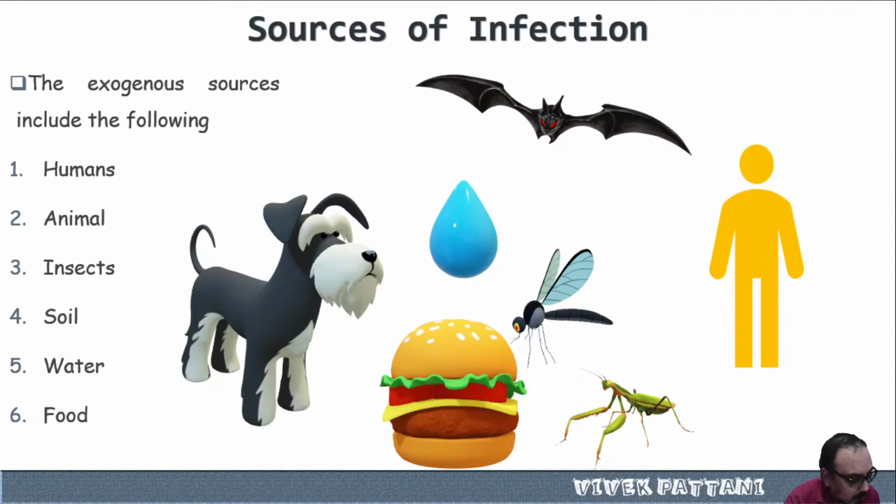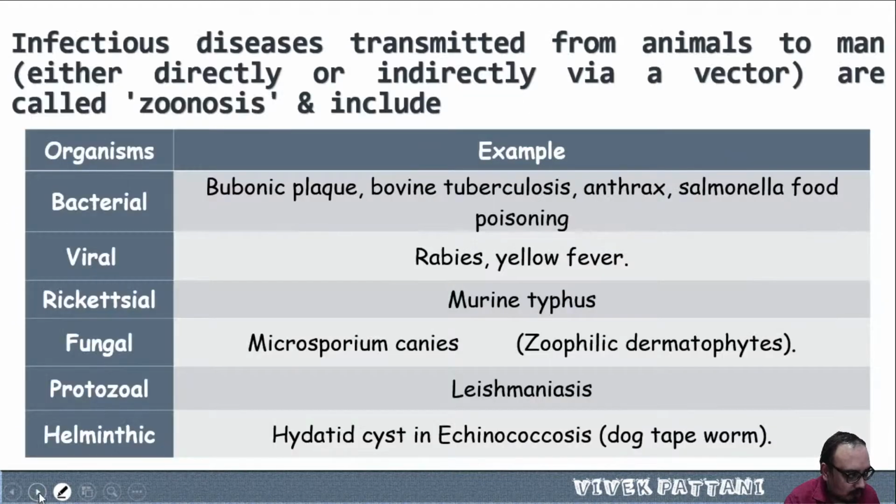Infection may also come from the soil; if you are playing in soil, you may get hurt and acquire pathogens. Food which is spoiled or contaminated, and water which may be contaminated, can also cause infection if you drink it.